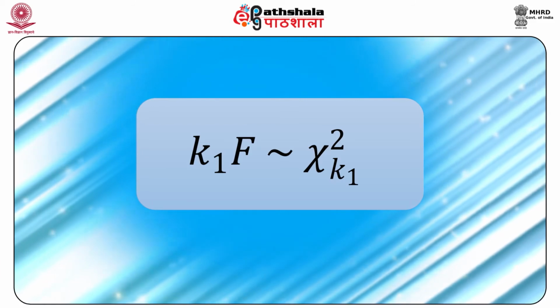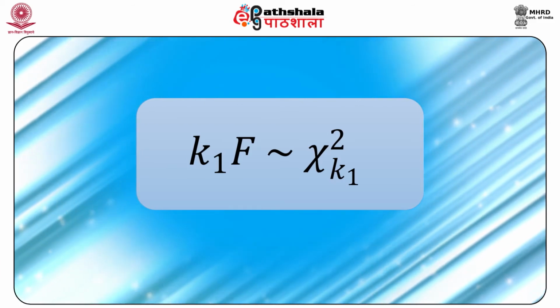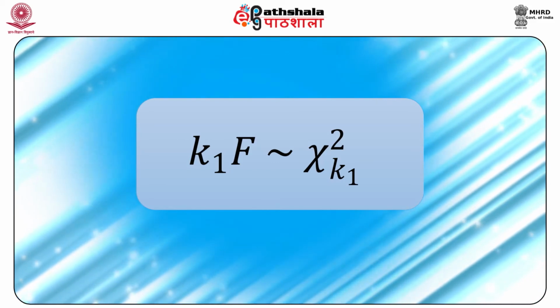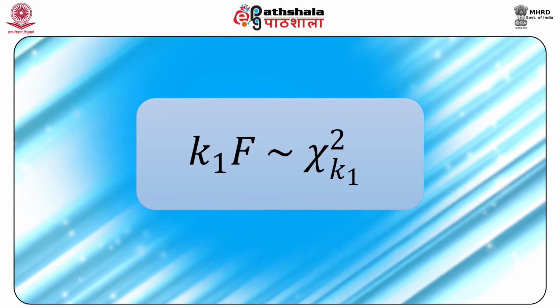If the denominator degrees of freedom K2 of the F distribution is large enough, then K1 into F is distributed as chi-square K1. Note that all three distributions, t, F and chi-square, are related to the normal distribution. They all tend to approach the normal distribution when the degrees of freedom get larger and larger.